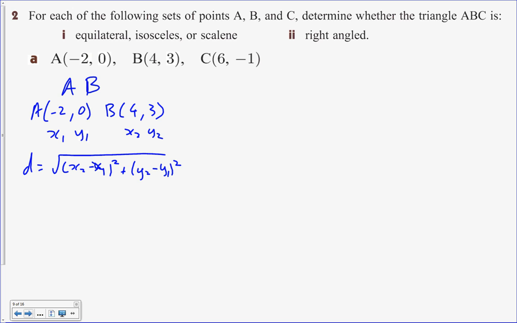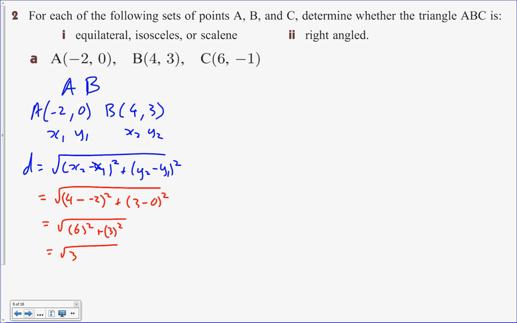We substitute in square root 4 take -2 all squared plus 3 take 0 all squared. So it's going to be square root 4 plus 2 is going to be 6 squared plus 3 squared, so square root of 36 plus 9, so equals square root 45 units.